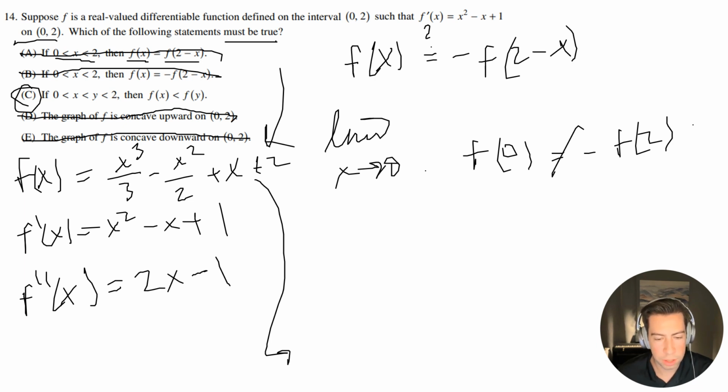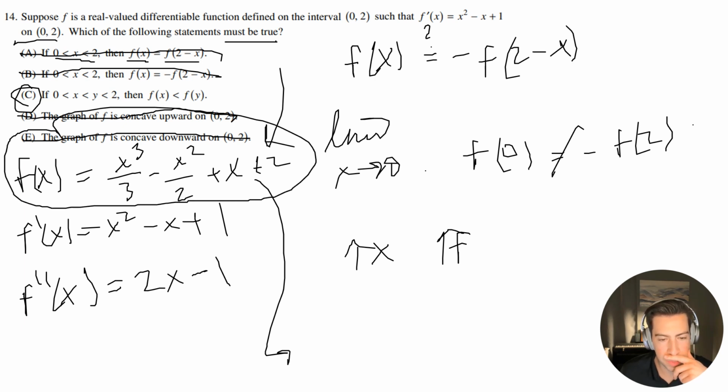If we have this function, as the value of x increases, the value of f is going to increase, right? If x gets bigger, we expect this whole thing to go up.